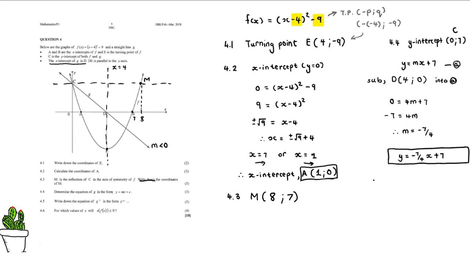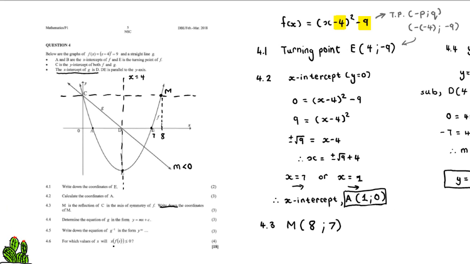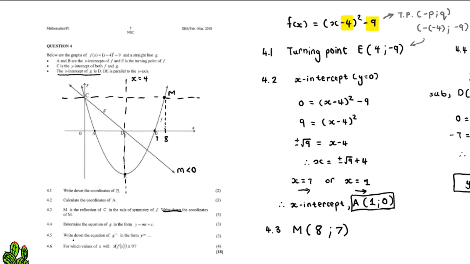Right, let's move on. Question 4.5 now says write down the equation of g to the minus 1 in the form y equals. Okay, g to the minus 1 is something I haven't introduced on this channel, but let's just move down a little bit.